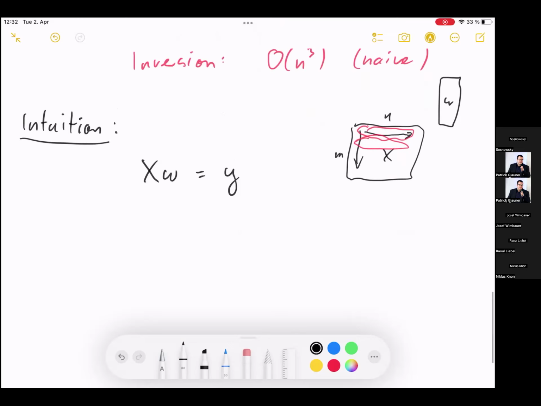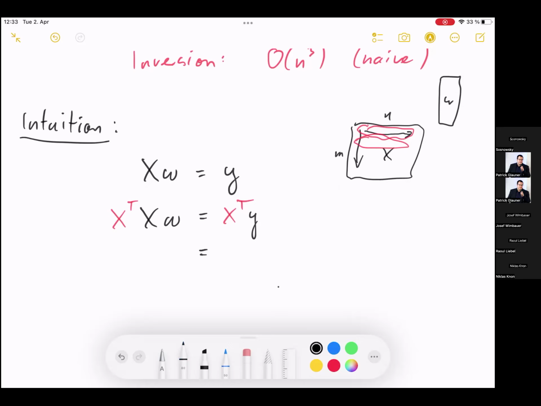So this is exactly the prediction I'm doing in such linear models. And the intuition can be now, so I'm writing this again, and I'm multiplying something from the left on both sides, so X transpose. So I'm just moving all of this a little bit, and we're developing it step by step.